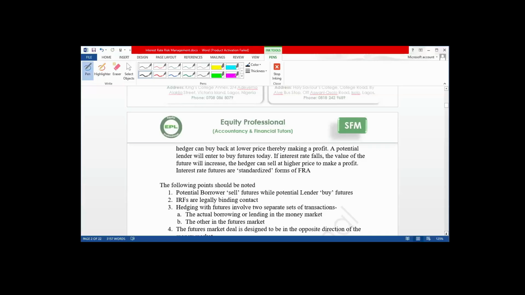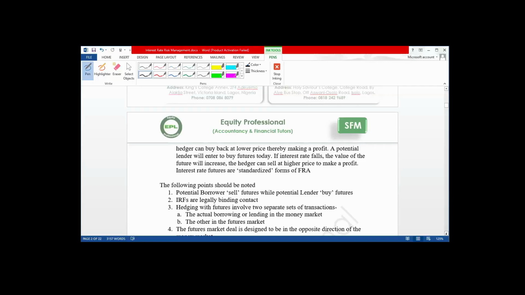If you want to hedge the interest rate from fluctuation, you approach the futures market. The futures market is a hedging market.